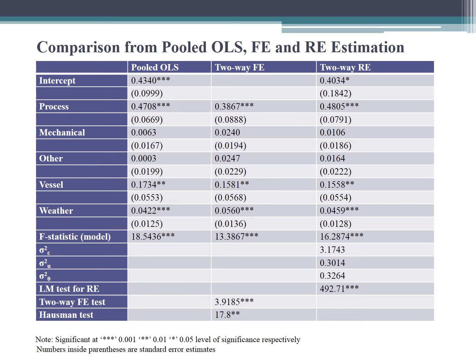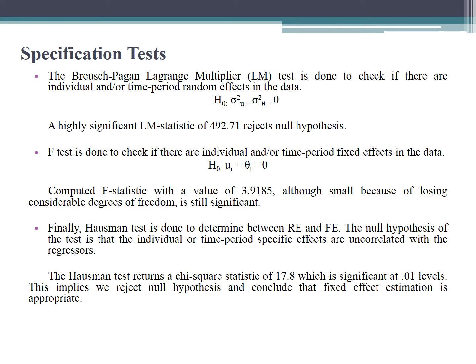Similarly, we have the specification tests: the LM test for random effect estimation, the two-way fixed effect test, and the Hausman test. These will be described in the coming slides, and all of them are significant. We can see them from the output table. The purpose of the Breusch-Pagan Lagrange multiplier test is to check whether we have individual and time period random effects.